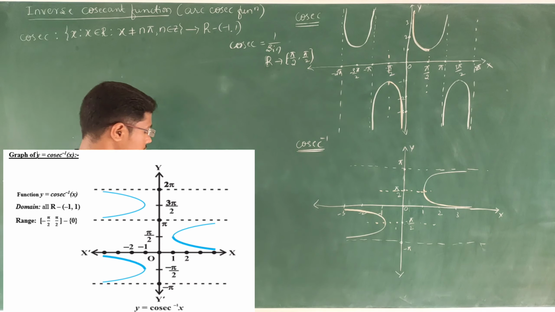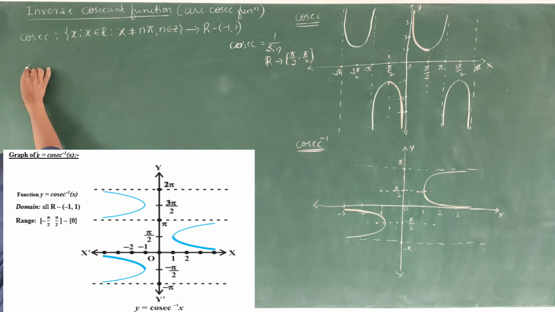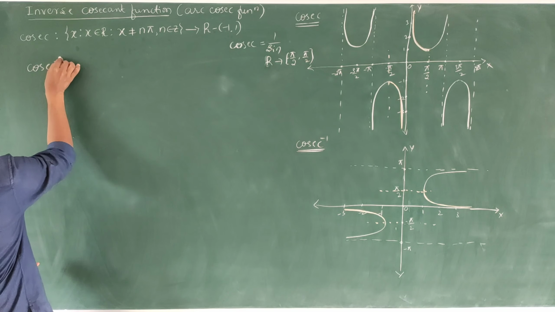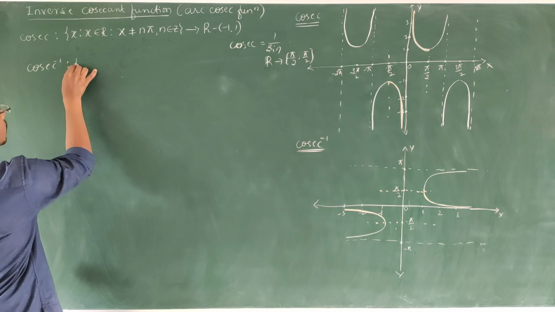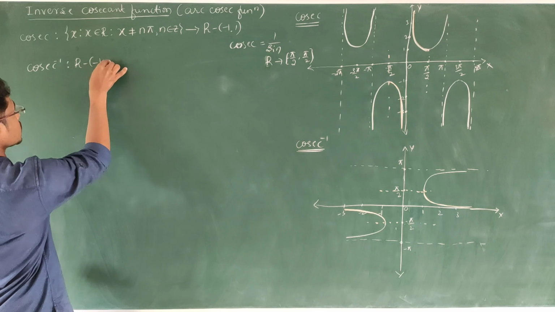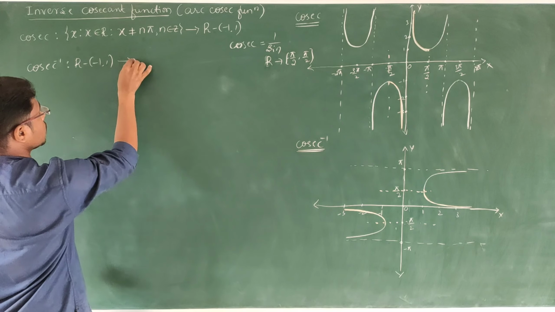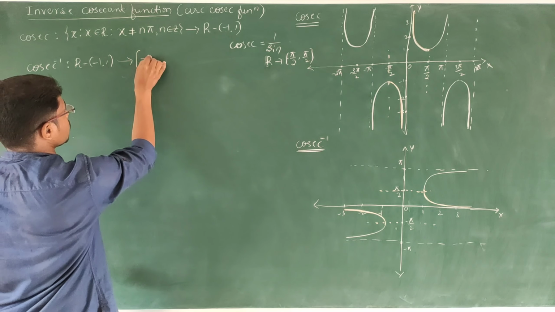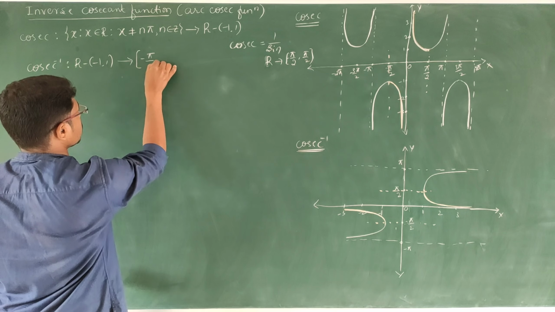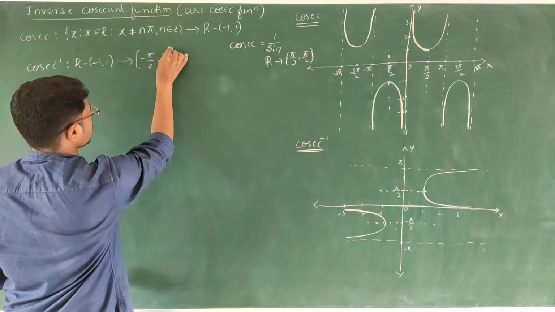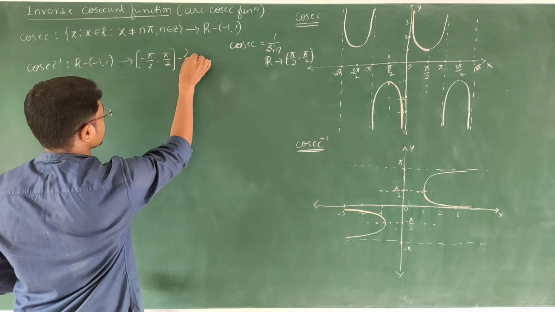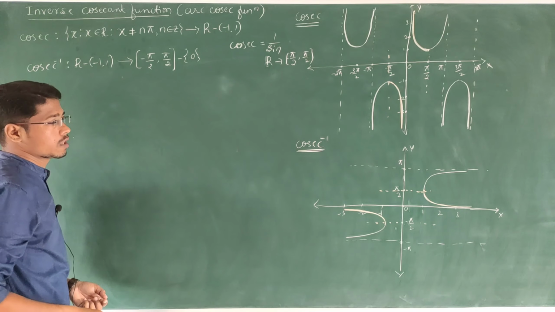So define cosec inverse from R minus (-1, 1) to the range minus pi by 2 comma pi by 2, excluding 0.